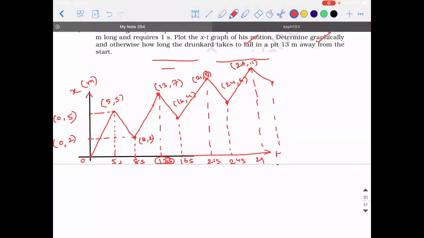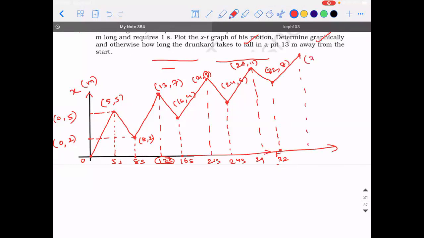So 24 plus the next 5 seconds, it should be 29. And then 32. He'll be at which point? (32, 8). After 32, what will happen? He will travel the next 5 steps and fall into the pit.